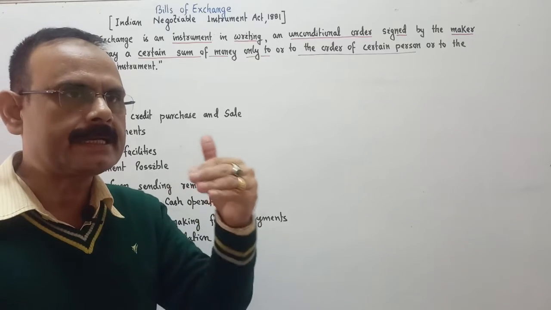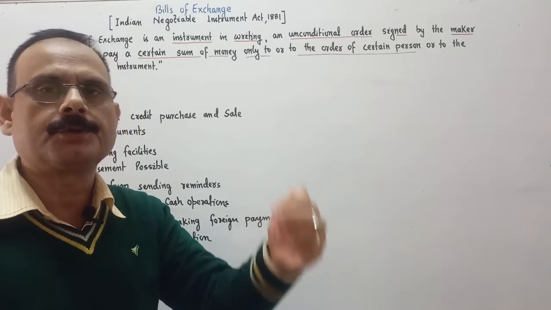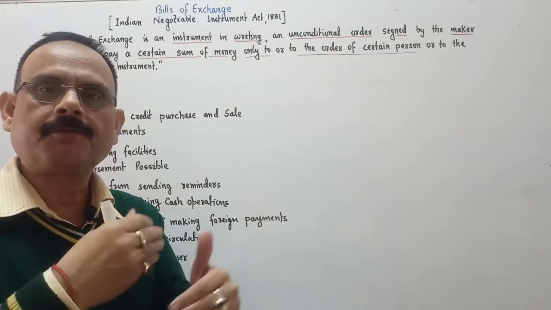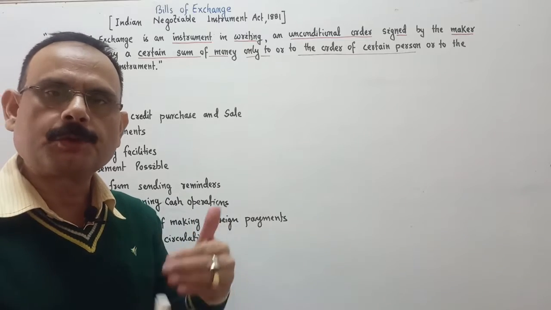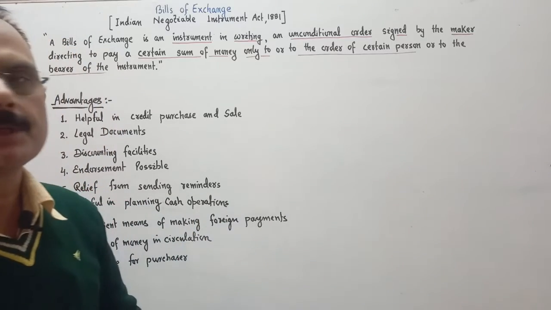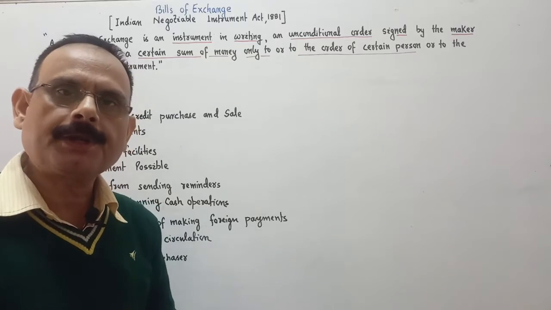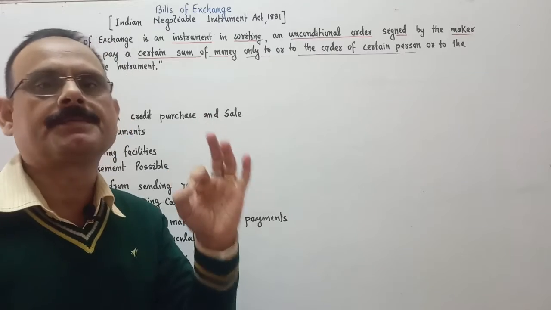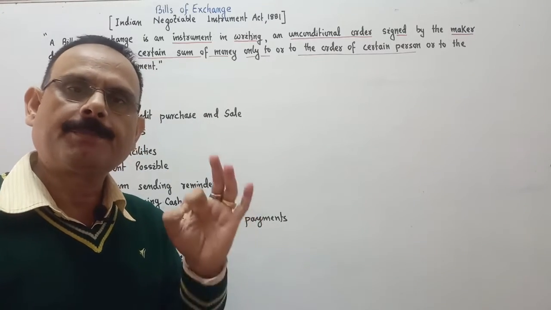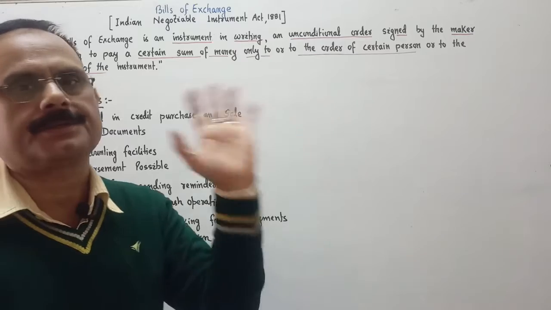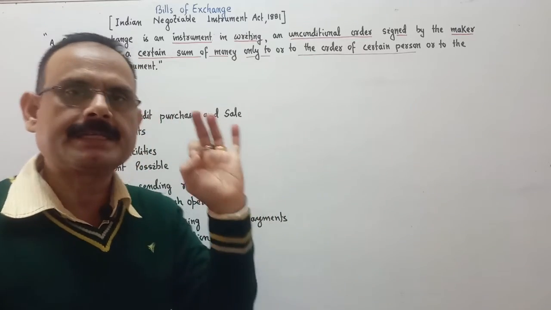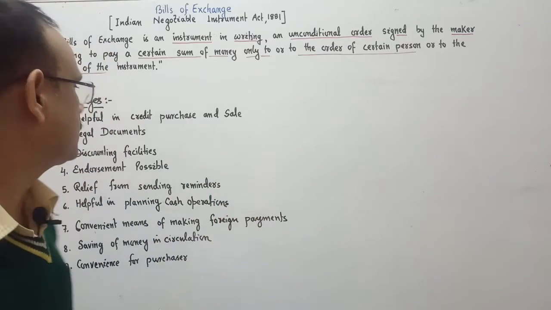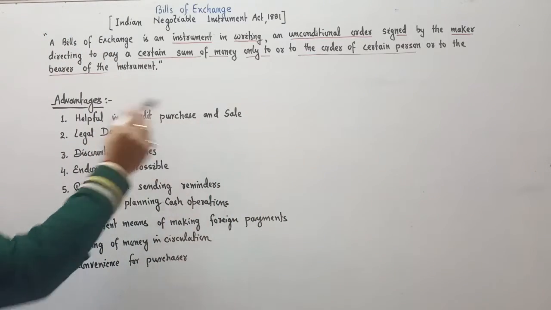This encourages the credit sale and credit purchase of goods, and in this way the rotation of goods will be faster, and when the turnover of the goods is faster, the profit will increase. Profit totally depends upon our volume of sales, and volume of sales depends upon our credit facilities. So bills of exchange give benefits to both the seller and the purchaser. So it is helpful in credit purchase and sale.